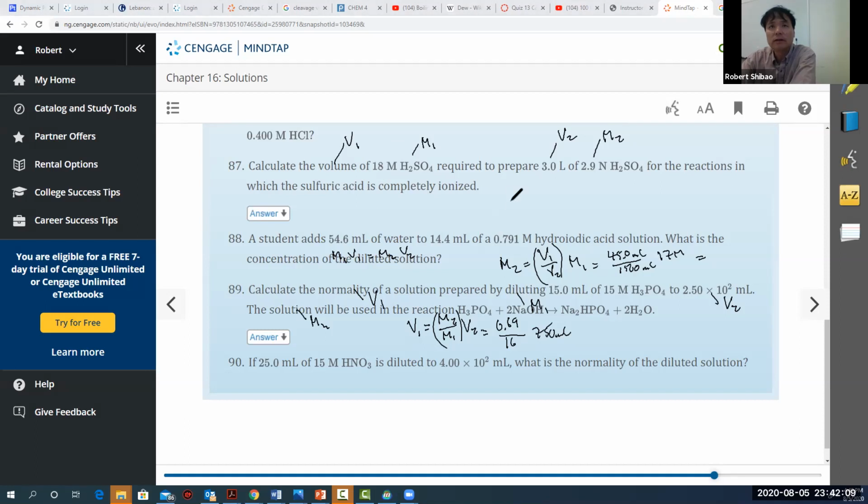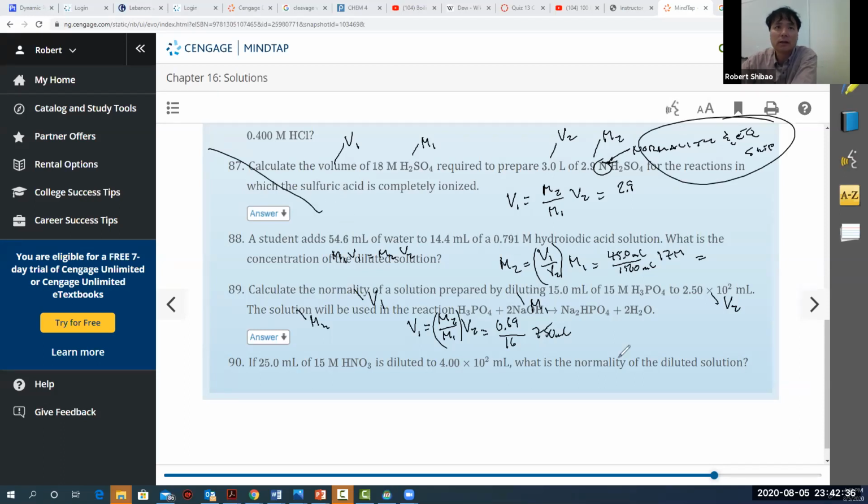So V1 is going to equal M2 over M1 times V2. So M2 is 2.9. Oops, this is normality. I didn't notice that. Normality and equivalence, skip that.